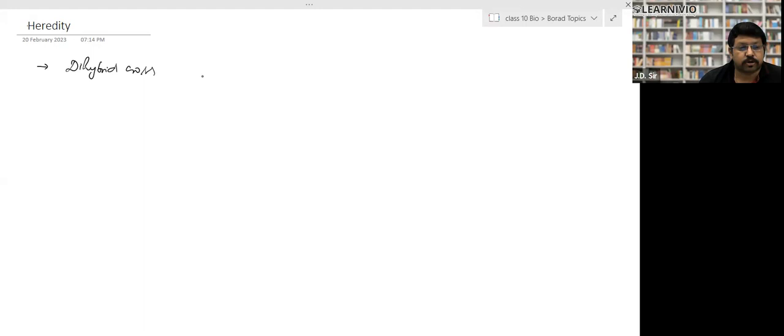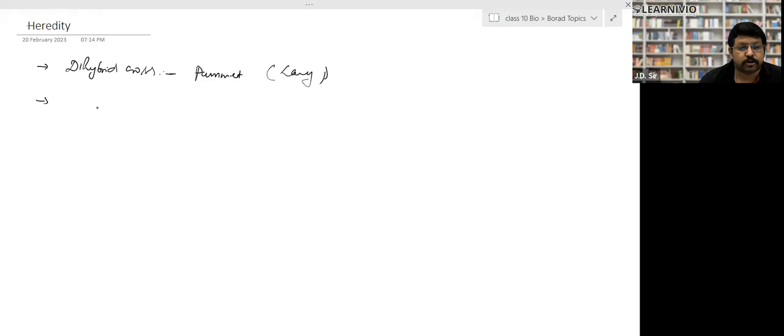If they ask you the dihybrid cross, which I have told you, then you have to draw the Punnett square. That will be a long question, not a short one. If they ask you the dihybrid cross, draw it quickly and you will save lots of your time. That is important, but if you are not confident, then don't go for it.